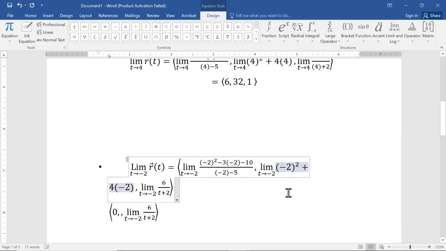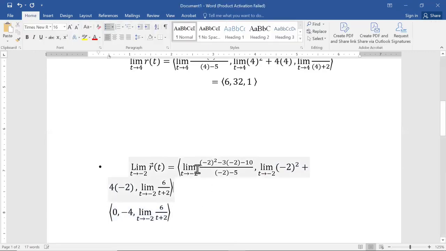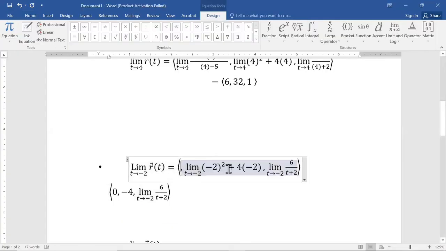What we get is -2 squared plus 4 times -2, which gives you a -4. So in the y component, you get -4. I think we get the idea.